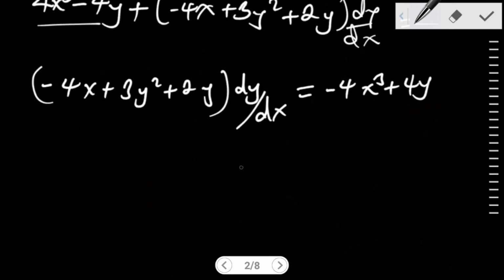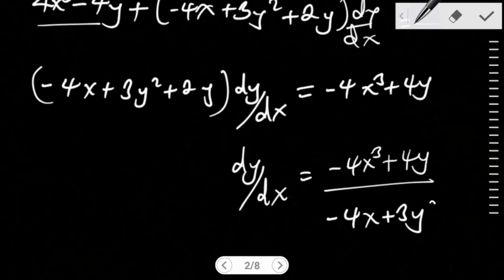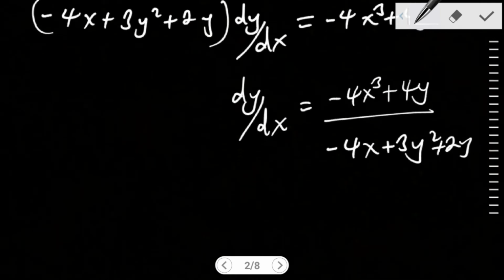So our dy/dx would be equals to negative 4x cubed plus 4y divided by negative 4x plus 3y squared plus 2y.